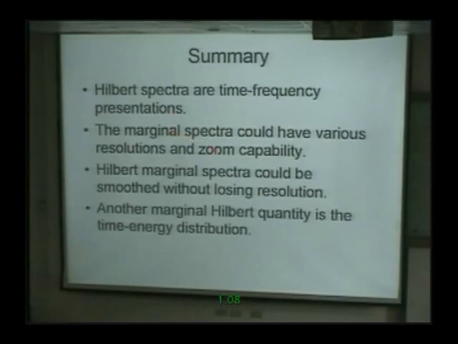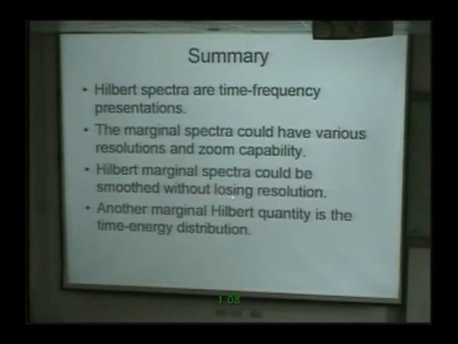The marginal spectrum can have various resolution and zoom capacity, and that's what confused me. I believe it confused many other people too. And this freedom gives us so many variables that if you don't think very clearly, you may get totally confused. The Hilbert marginal spectrum can be made smooth without losing resolution.